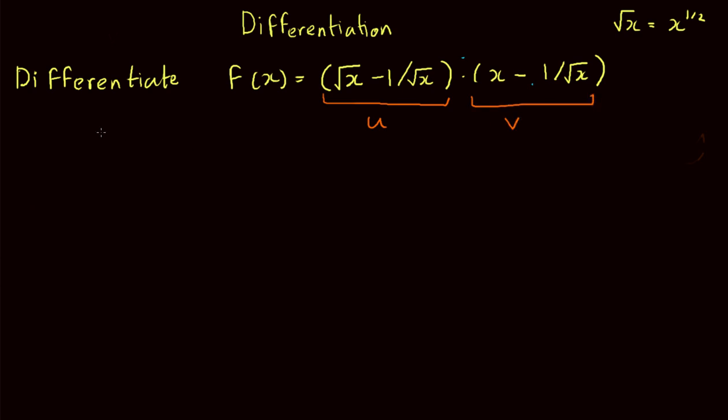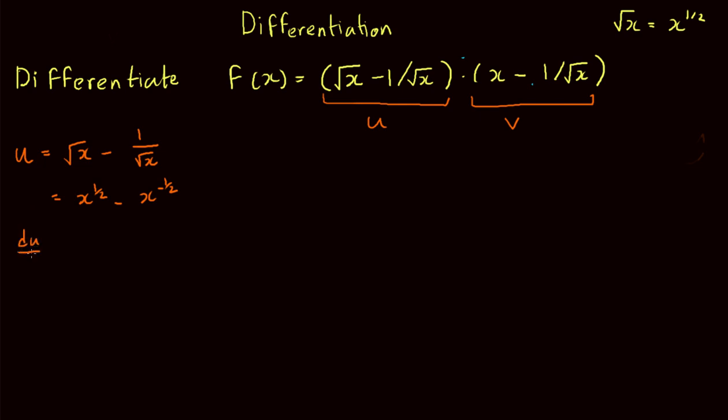For u, it's simply root x minus 1 over root x, which we can write as x to the power of half minus x to the power of negative half, right?